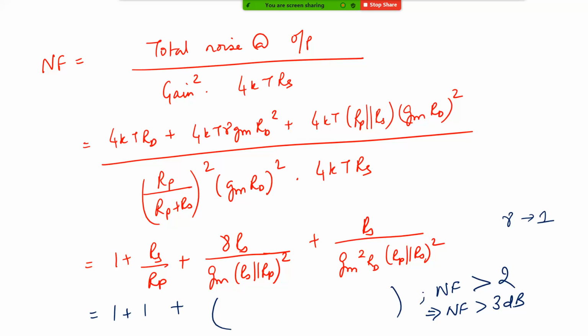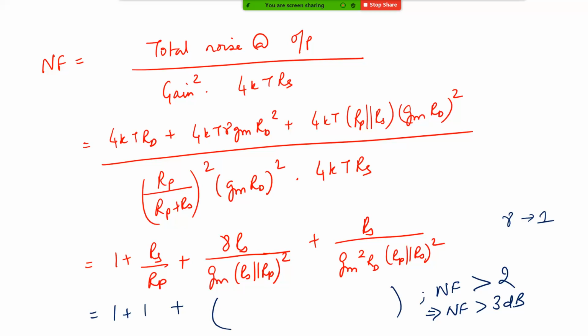GM times 50 will be something like 1 or 2, and you have GM times RS parallel to RP squared. So probably it will be around 10 or 15 maximum. And because RS is only 50 ohm, you will have a fairly large noise figure.